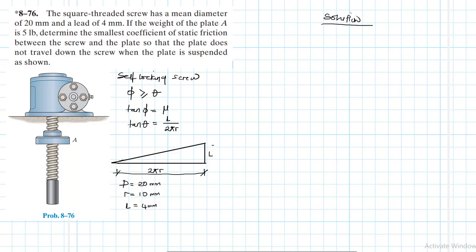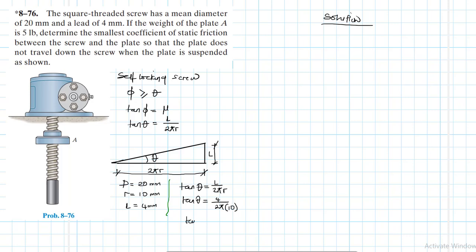So with this we can calculate what is called the lead angle, and we know that tan theta is equal to L divided by 2 pi r, and therefore tan theta will be equal to L, we said is 4, divided by 2 pi times r, which is 10.